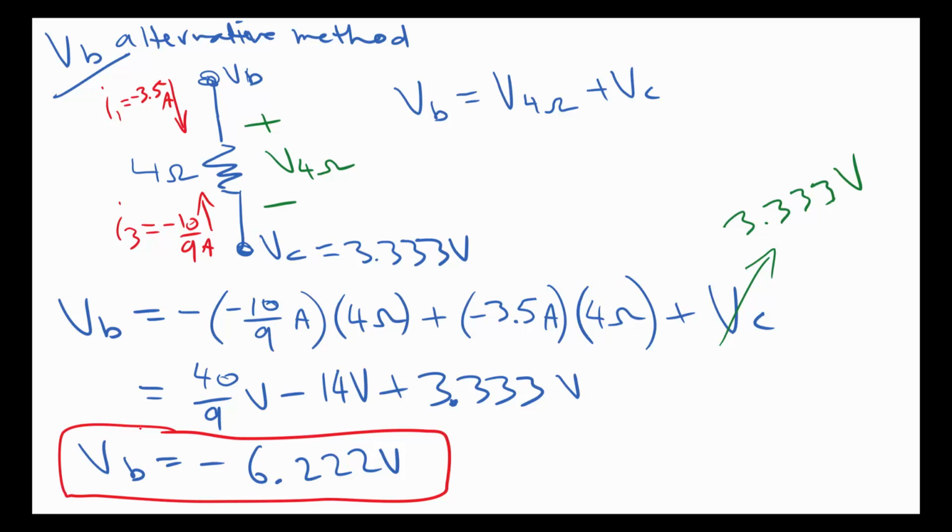Okay, so now let us do the last one, which is VA. Now this circuit looks similar to our last example. So we have VA up here, we have a 3 ohm resistor, and we have VB down here, and we just solved for that, right?